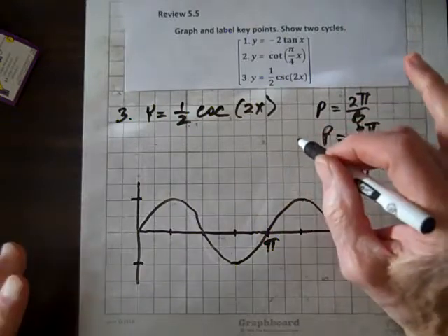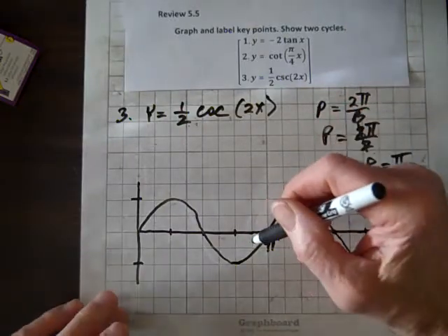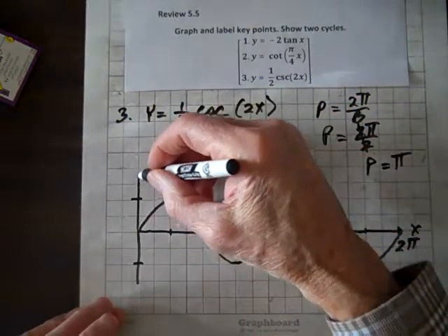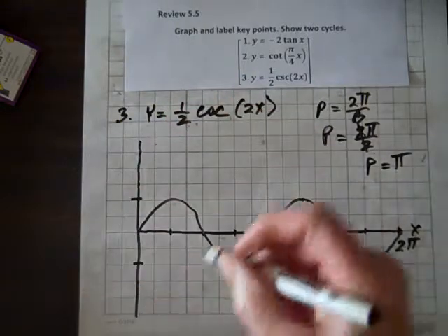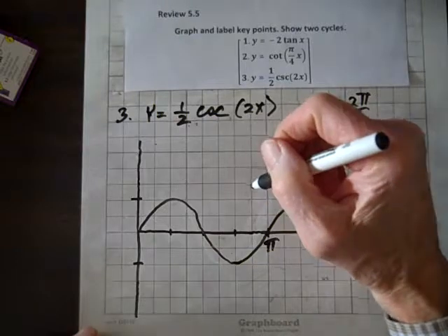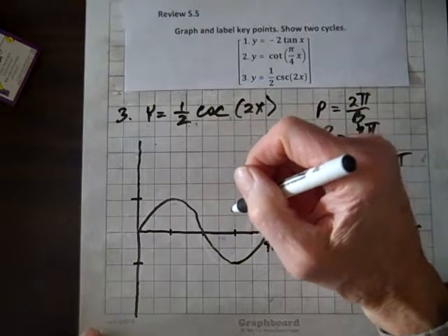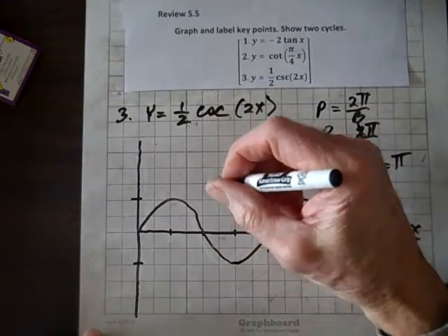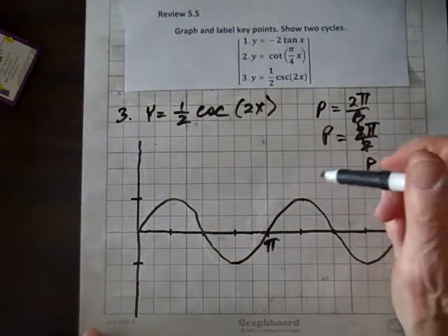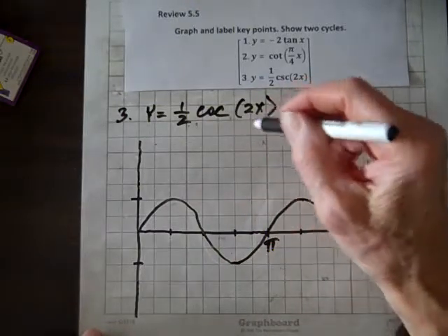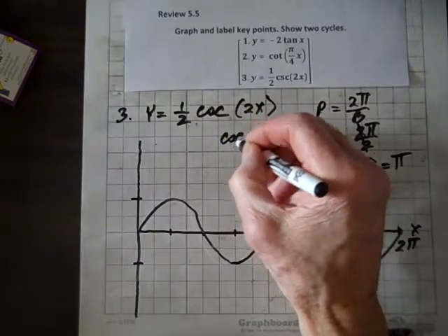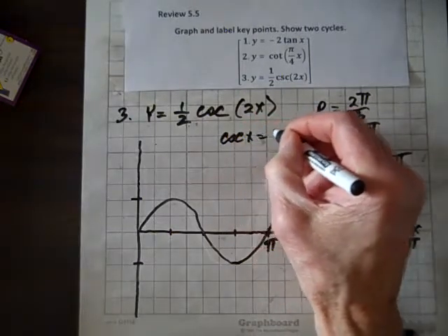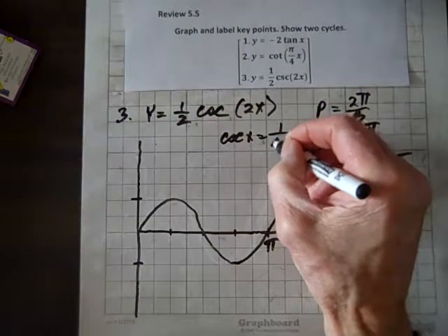Now let me stop right here. What we have is the graph of the sine function, not the graph of the cosecant function. But we need the graph of the sine function in order to find the graph of the cosecant function. By the way, cosecant of x equals 1 over sine of x.